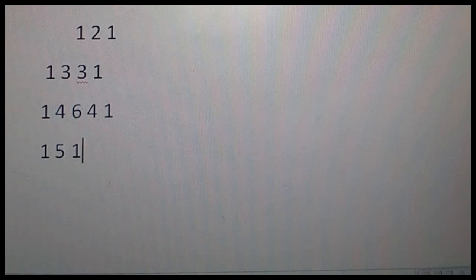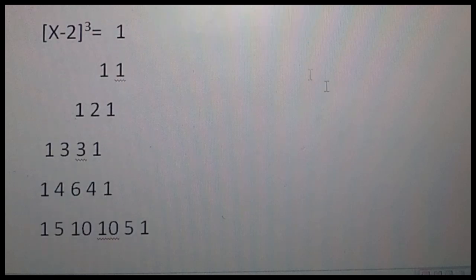Let's have 10, and 6 plus 4 again is 10, and 4 plus 1 is 5. We have 5, and 1 plus 0 is 1.